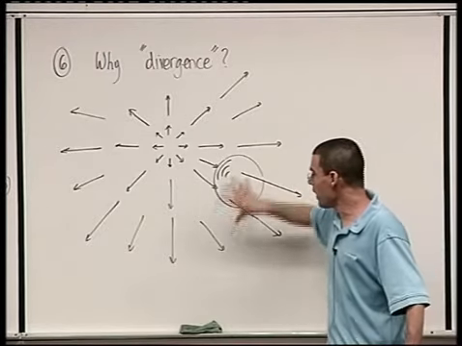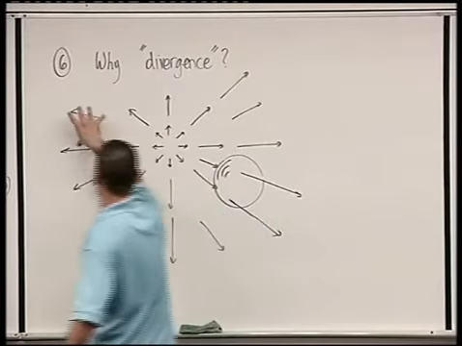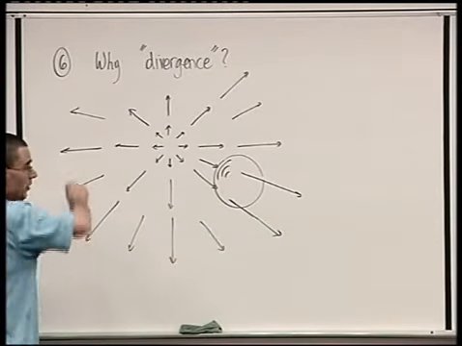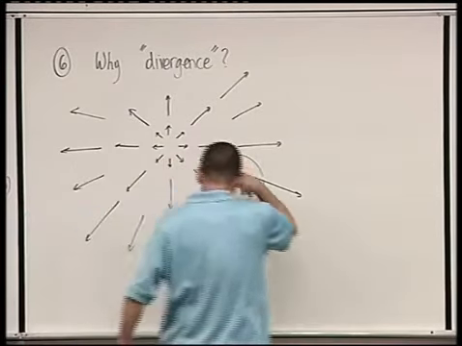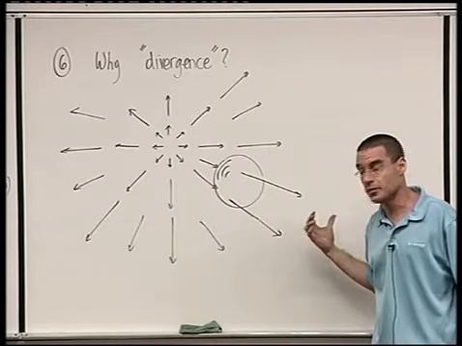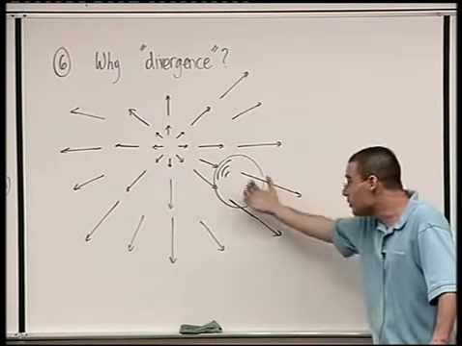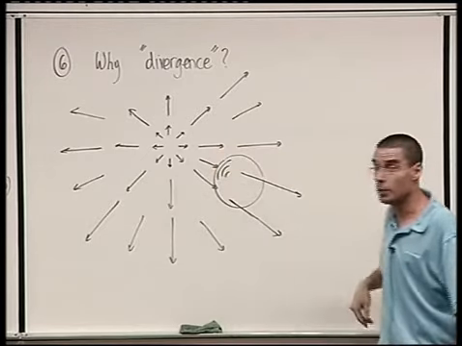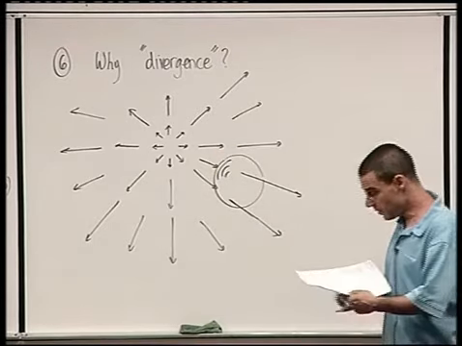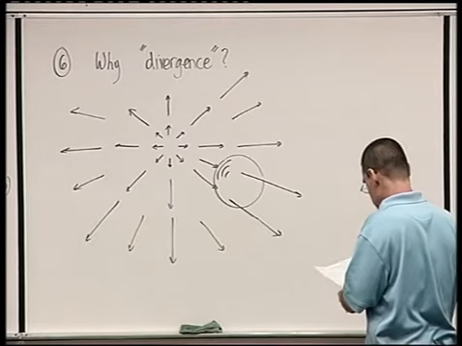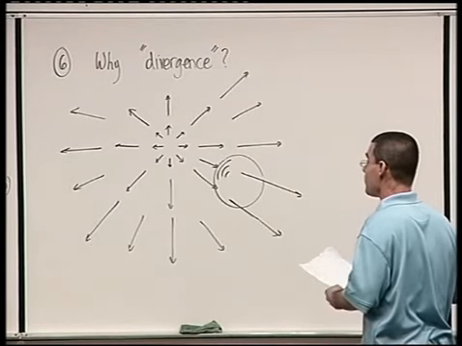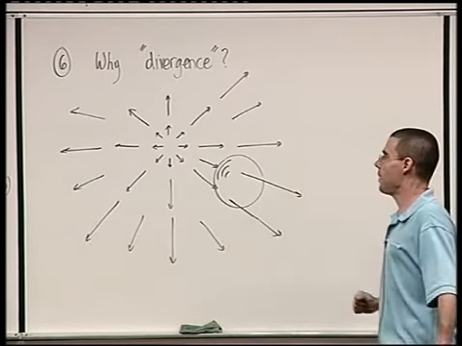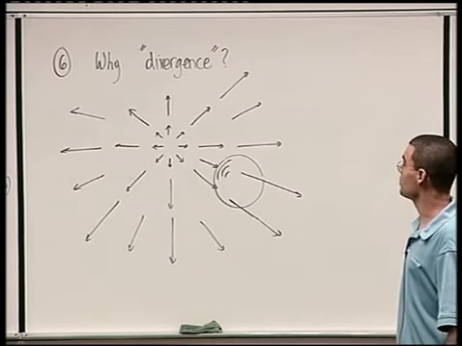And it doesn't matter where I put this ball, here or here or here, the flux through the closed surface is going to be positive. There's more of the flow of the field coming out than going in. So this field has positive flux. When can this happen? What can be an example of such a field?